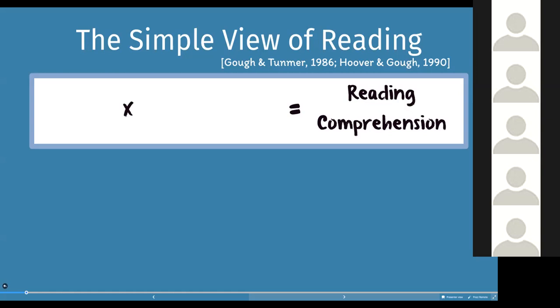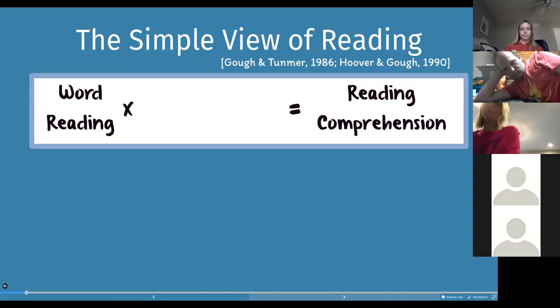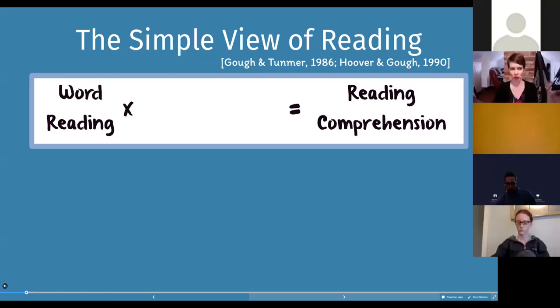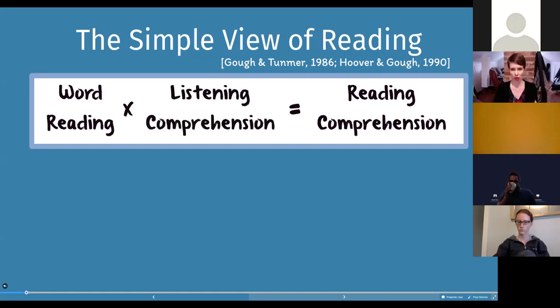So the first component is our word reading abilities, also sometimes referred to as word recognition or decoding. It kind of goes by a lot of names. But this refers to your ability to take the sounds in your language and match them to the symbols in the written language. It's a really important process that is the focus of a lot of early reading education. But there's another really important component, and that is listening comprehension.